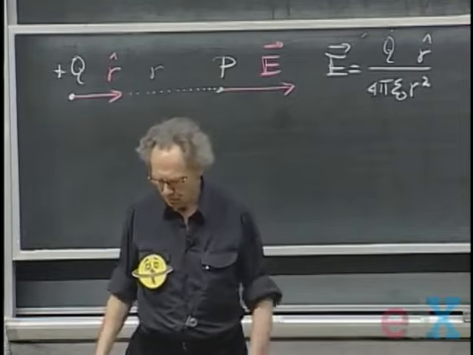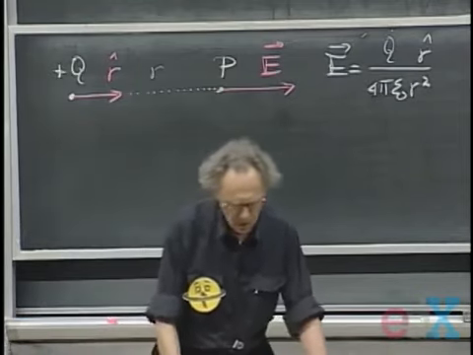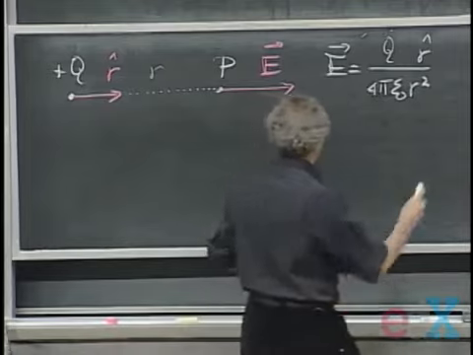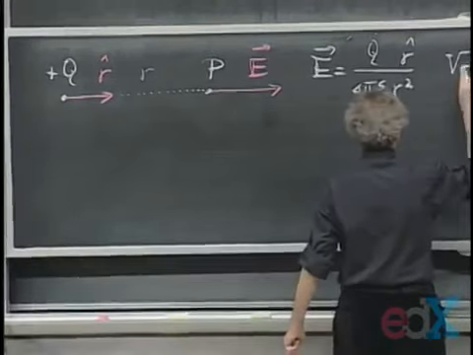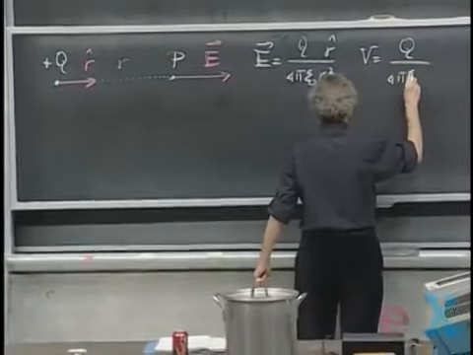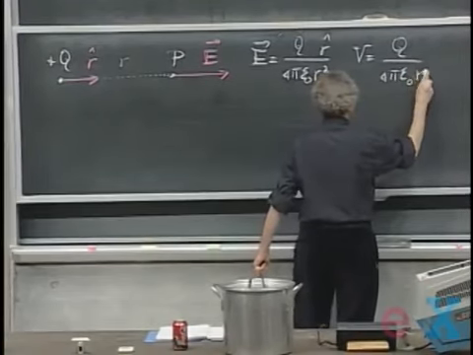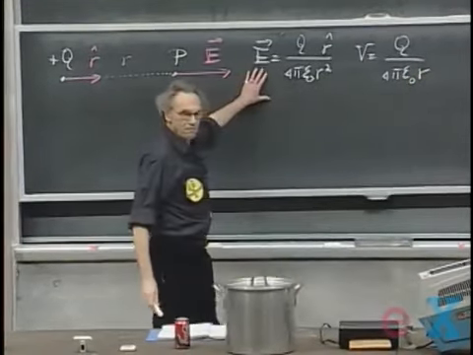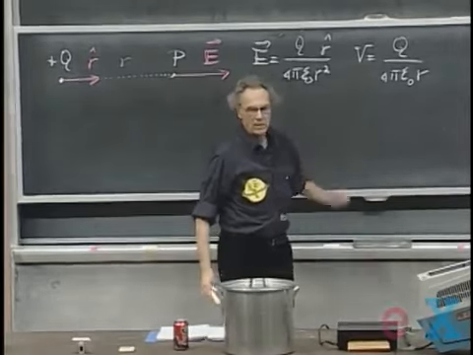And last lecture, we derived what the electric potential is at that location. The electric potential is Q divided by 4 pi epsilon 0 r. This is a vector. This is a scalar.